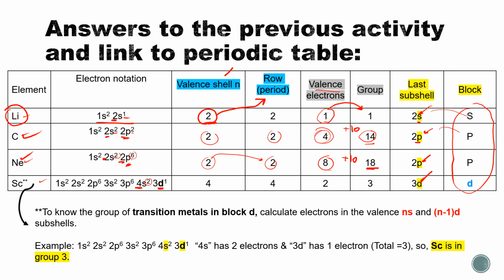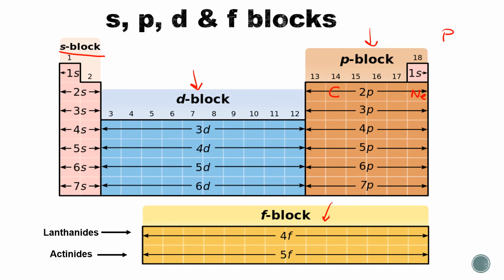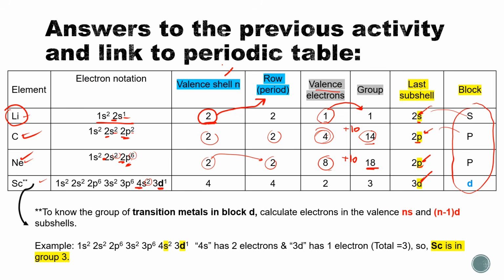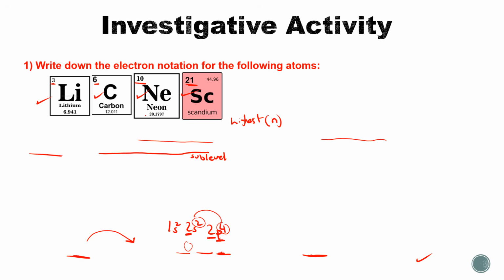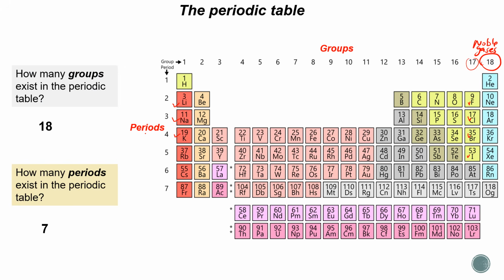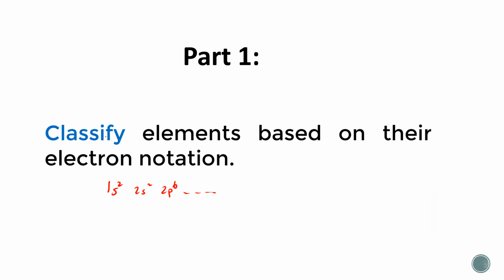So because they have P at the end, they belong to block P. All right? So we can know which row, which group, and which block in the periodic table just from the electron notation. And that's what we were focusing on in this part.